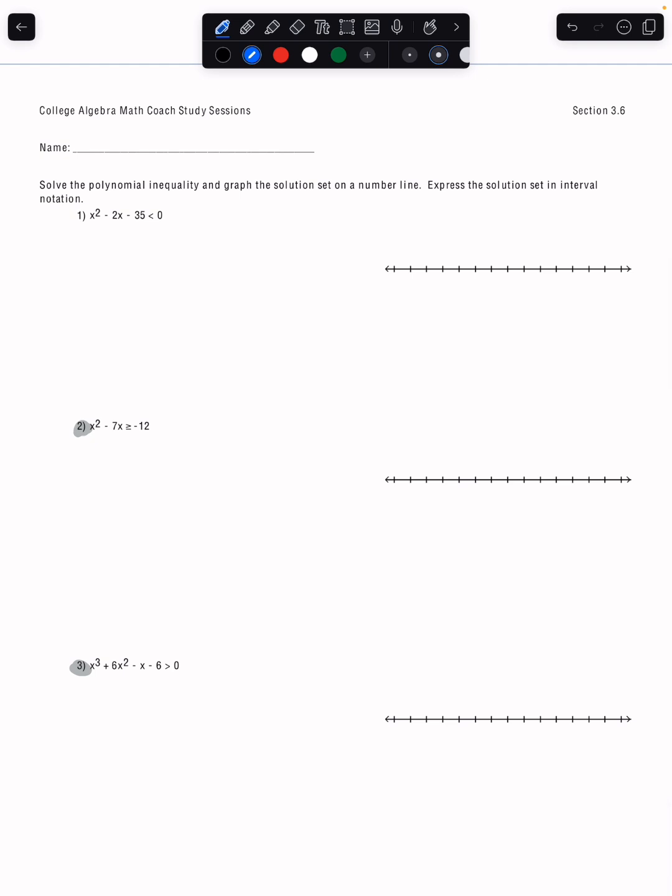Now look at the next set of questions from 3.6. Looking at question 2, it says solve the polynomial inequality and graph the solution set on the number line. Express the solution set in interval notation. So to do that, we want to start by getting everything on one side. So we're going to add 12 to both sides.